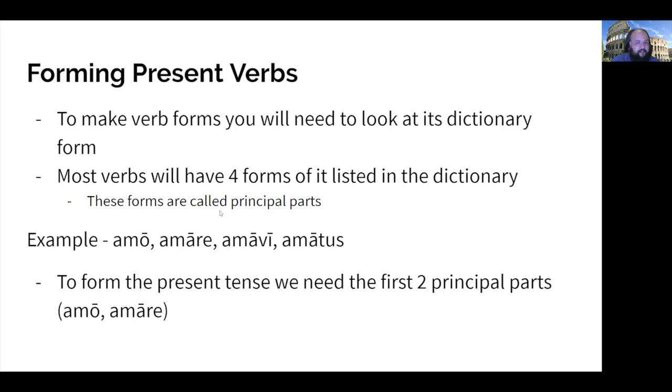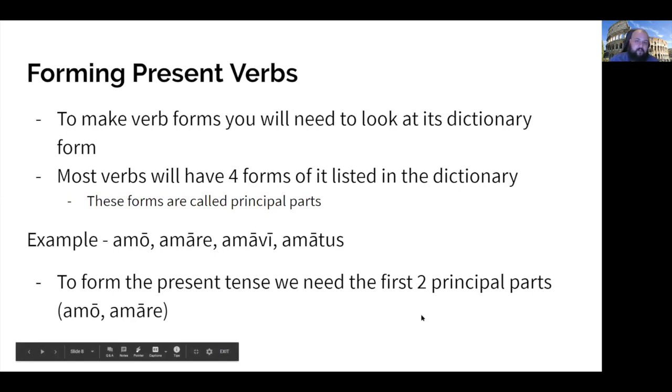Very aptly named: the first principal part, second principal part, third principal part, fourth principal part. So for example, when you look up amo in a Latin dictionary, you're not just going to see the word amo there. You will see amo, amare, amavi, amatus. The first, second, third, and fourth principal parts.